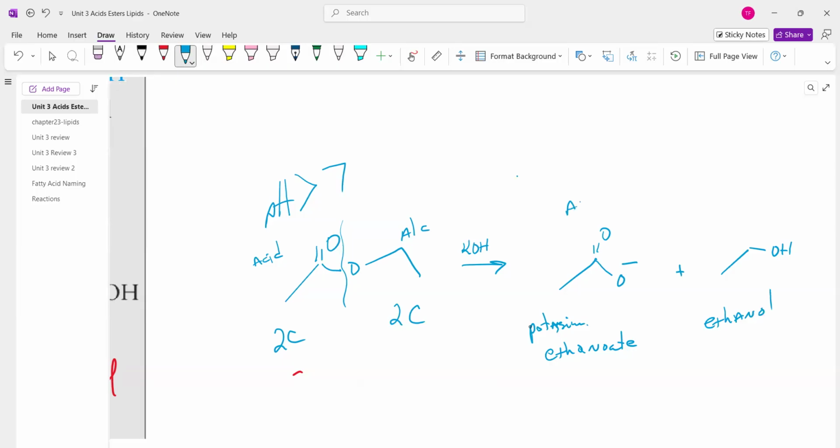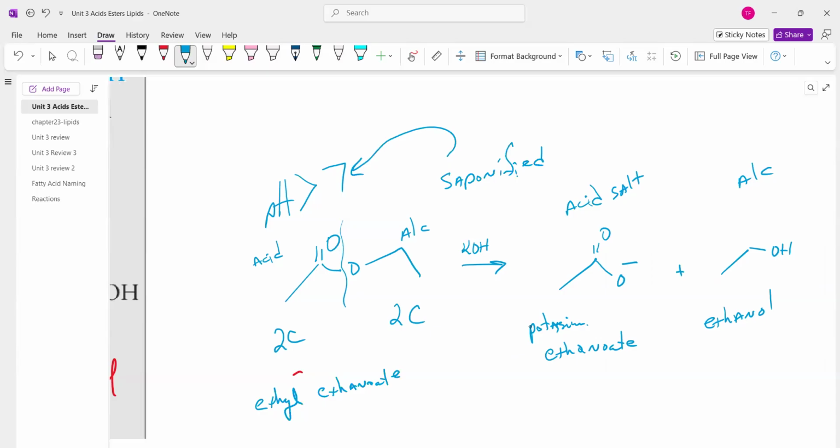So ethyl ethanoate is going to be saponified because it's in a basic environment.